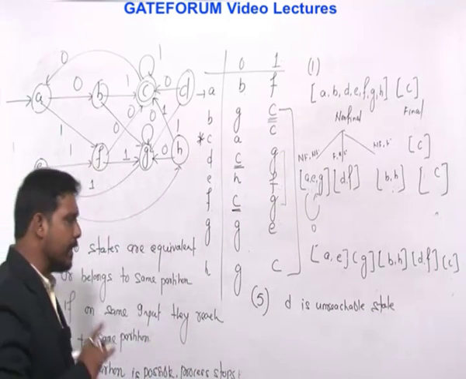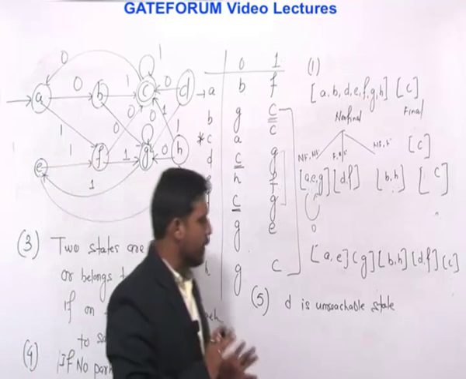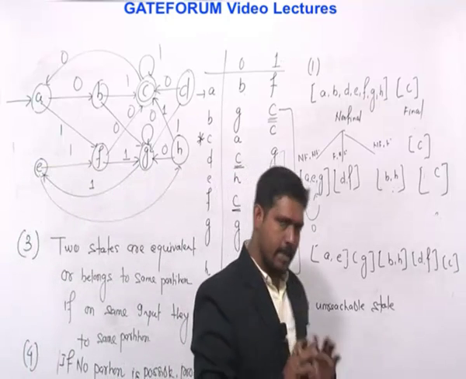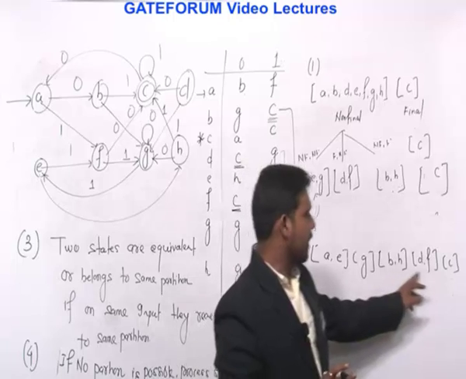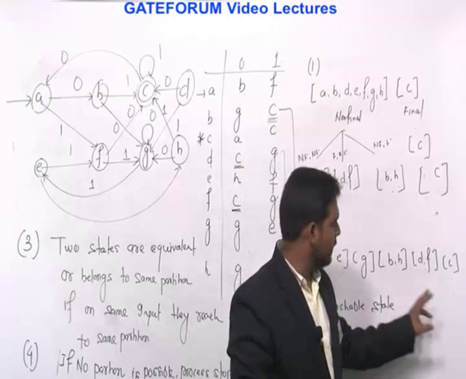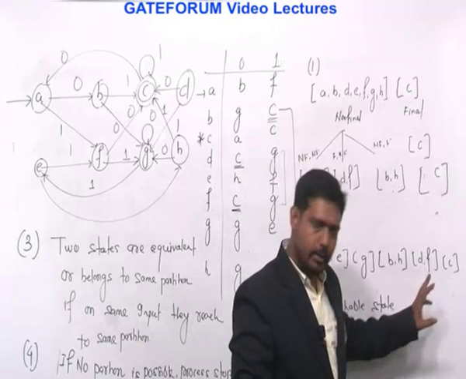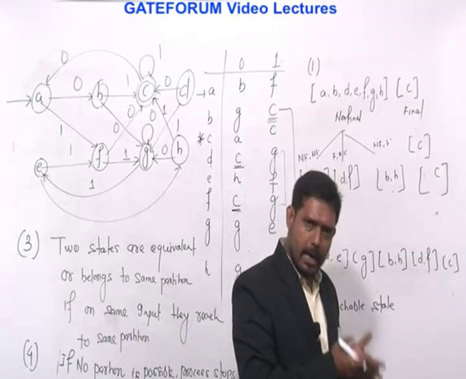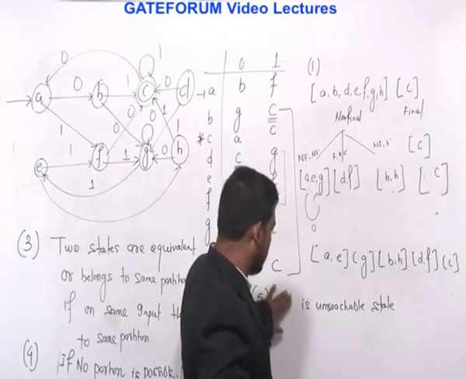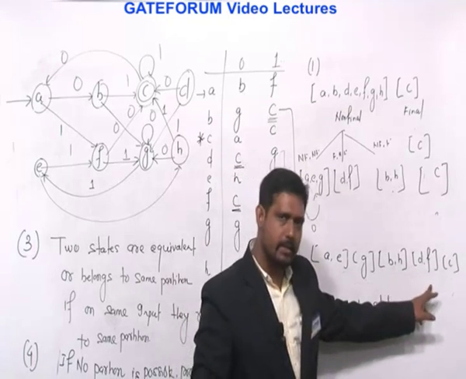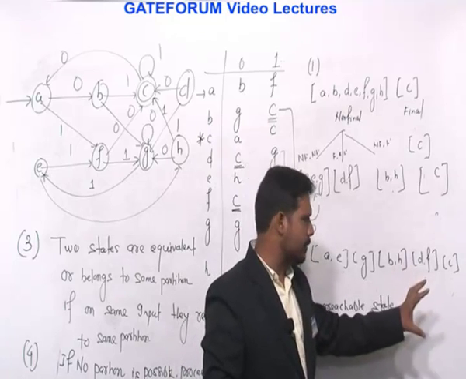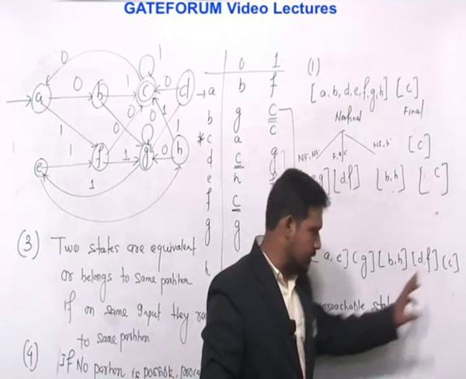Either you do it in the beginning, but the only thing I want to make sure here is that if it has common behavior, then it will combine with some reachable state, like D is combined with F. F is reachable, fine, so any unreachable state combines with a reachable state.